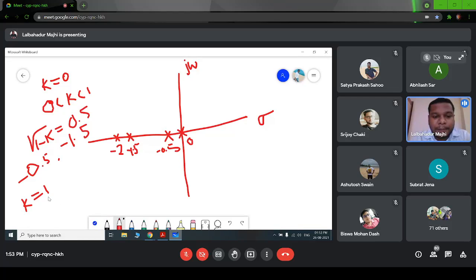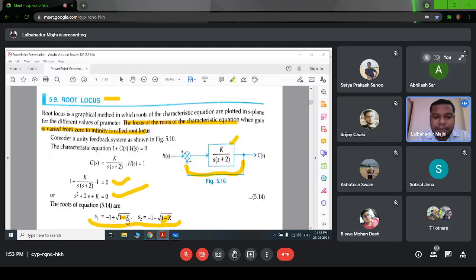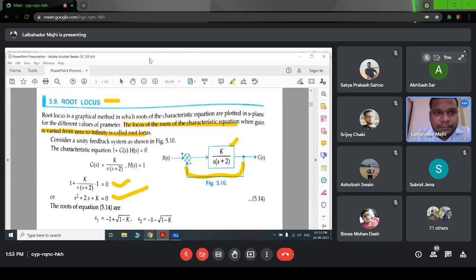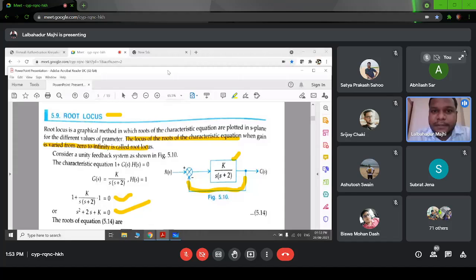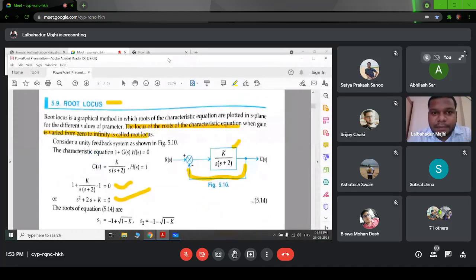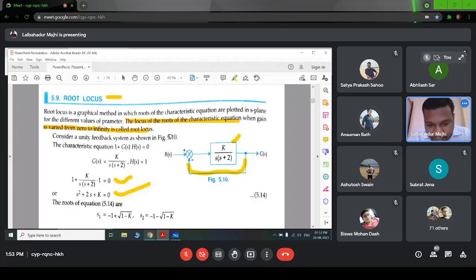If we put the value of k equal to 1, what will we get? What will be the roots? Minus 1, only one minus 1.